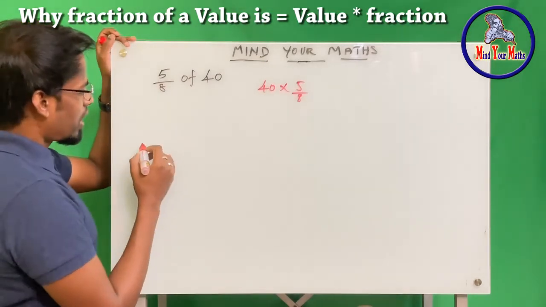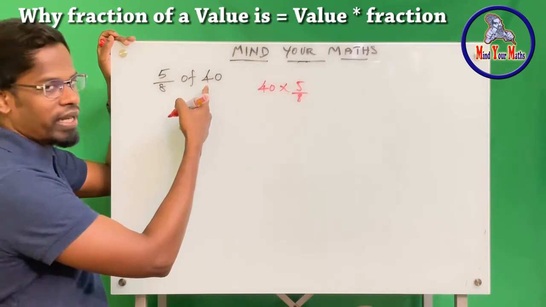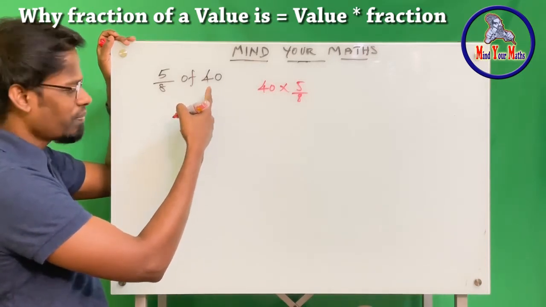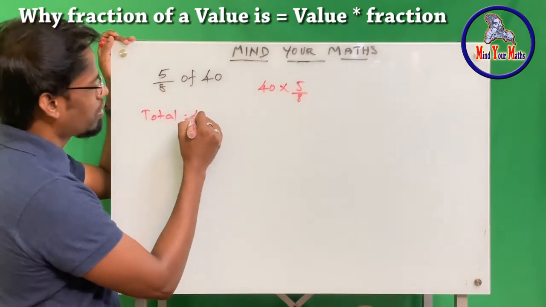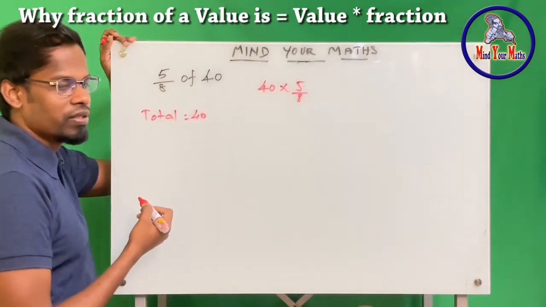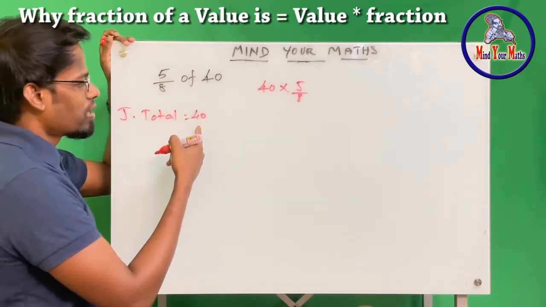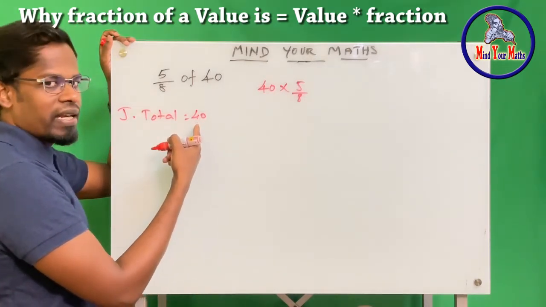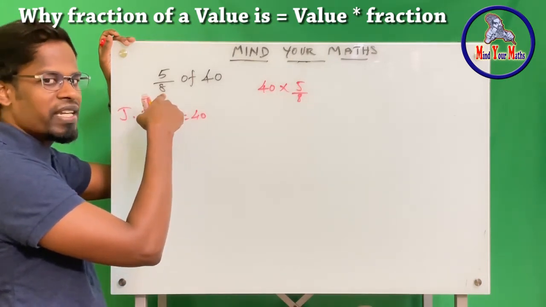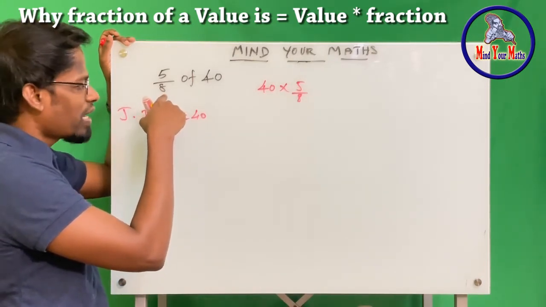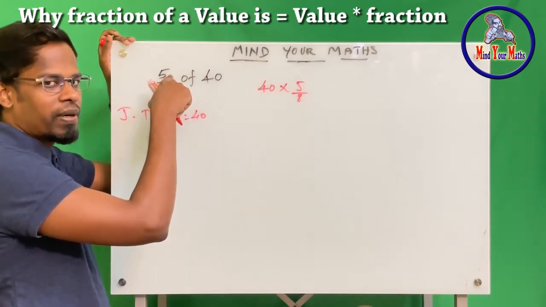Let me draw this. John had 40 apples in total. He split that into 8 groups, or 8 units. From that he gave 5 units to his brother Charles.